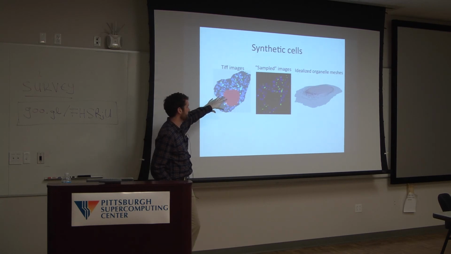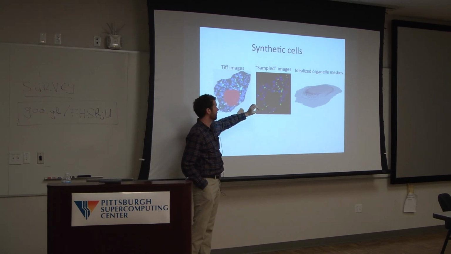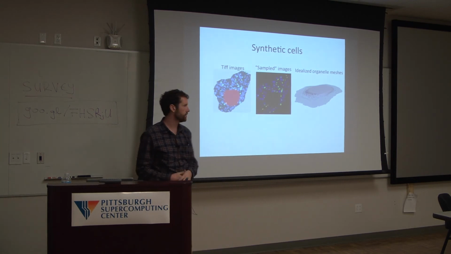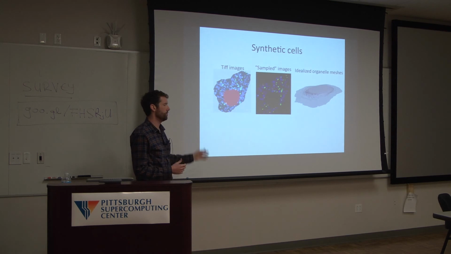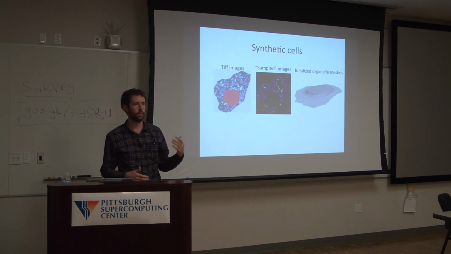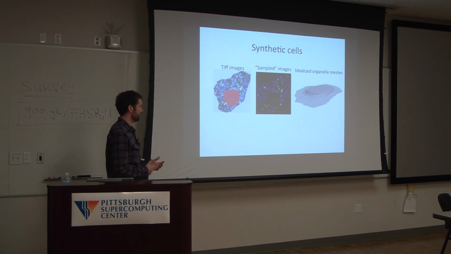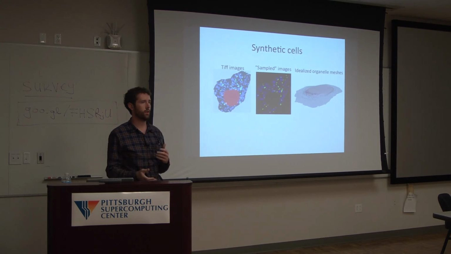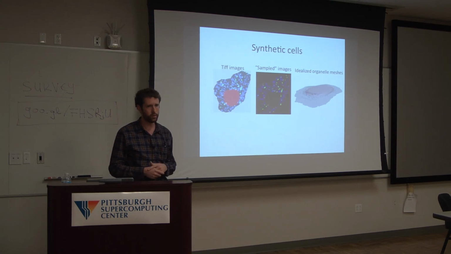So that's TIFF images, and then sampled images might not seem super useful for running simulations, but this is meant to mimic what you might see if you were actually on a microscope looking at these cells, and this is useful for other applications. I won't get into too much detail, but basically the idea is with some of these segmentation tasks that we try to do, there's currently no ground truth for what a good segmentation is versus a bad segmentation.